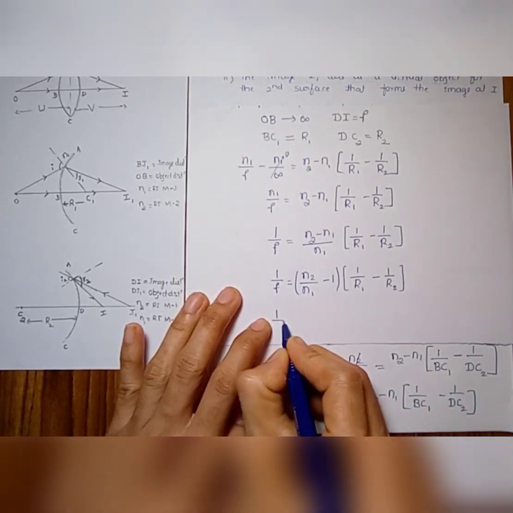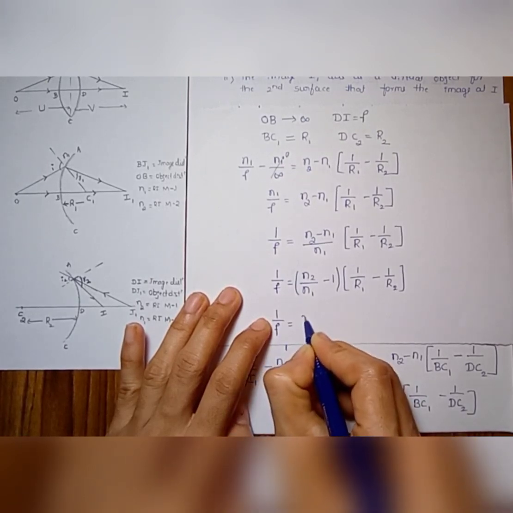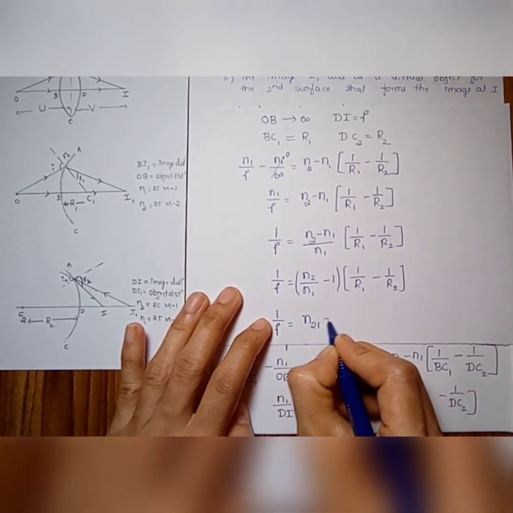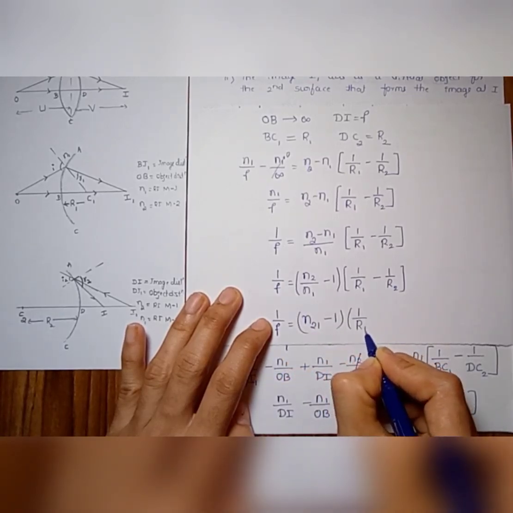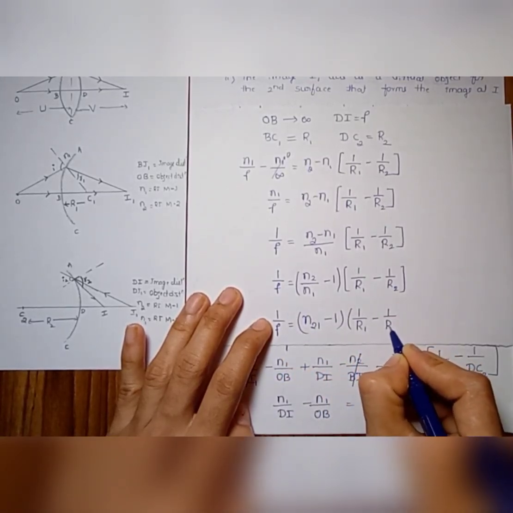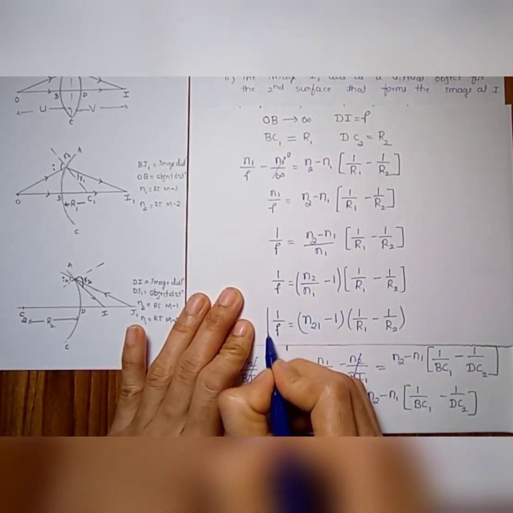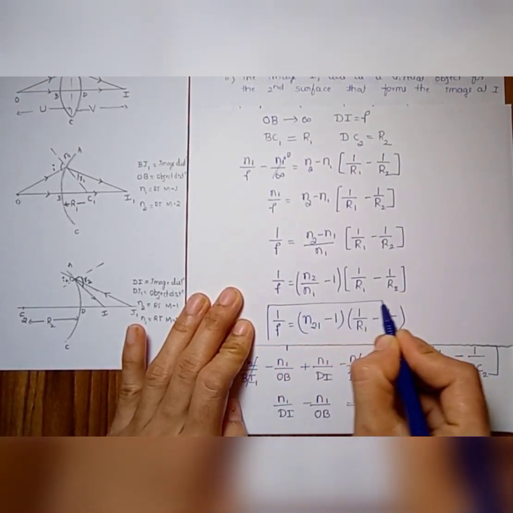That is 1 by F is equal to N21 minus 1 into 1 by R1 minus 1 by R2. This one is the final expression.